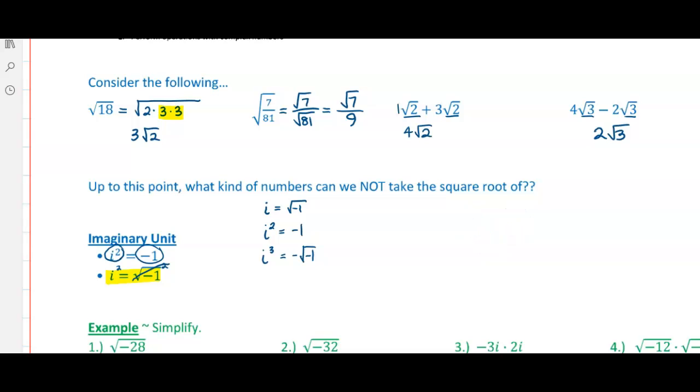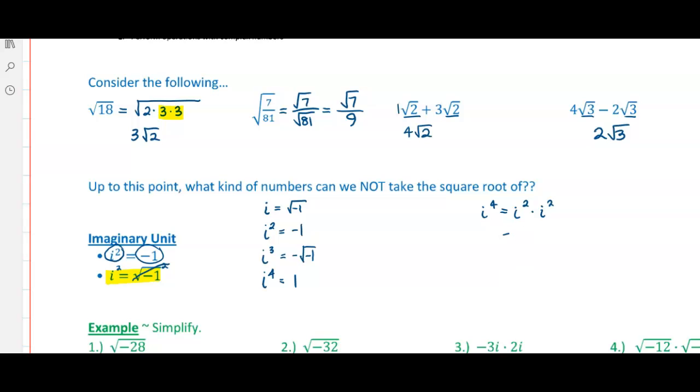Let's go to the next one, i to the fourth. i to the fourth could be defined as i squared times i squared. i squared is negative 1. When I multiply negative 1 times negative 1, I get 1.